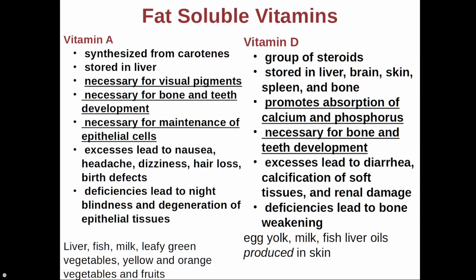For example, vitamin A is mostly necessary for epithelial cells, for skin, for development and pigmentation of the retina in our eyeball, for bone and teeth development. So as a result, increased and decreased levels of vitamin A may lead to problems in these organs and tissues.